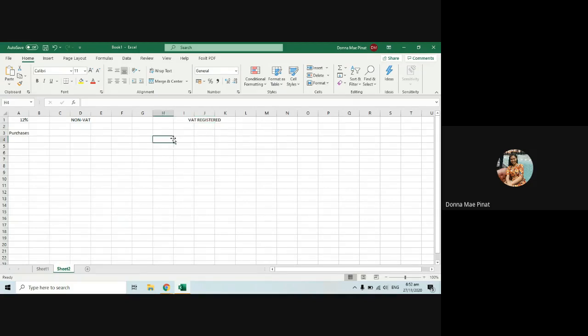Okay, so our VAT is 12% and we have two terms for that: output tax and input tax. Output tax is VAT for your sales. Input tax is VAT for your purchases.